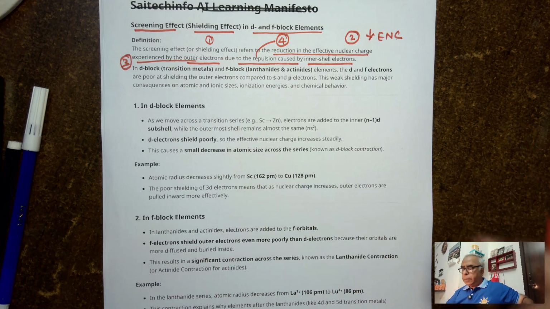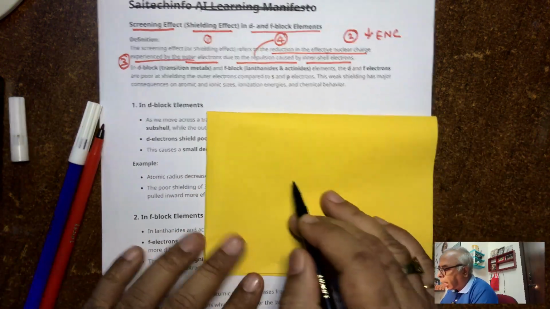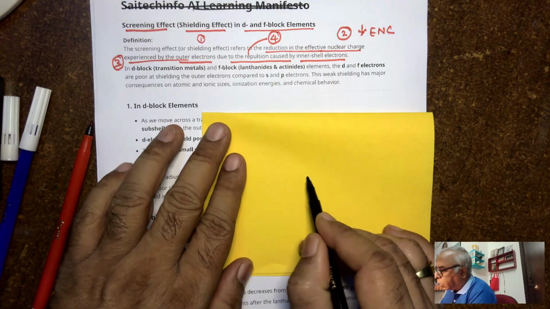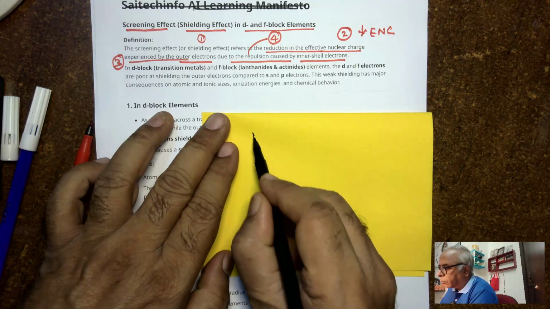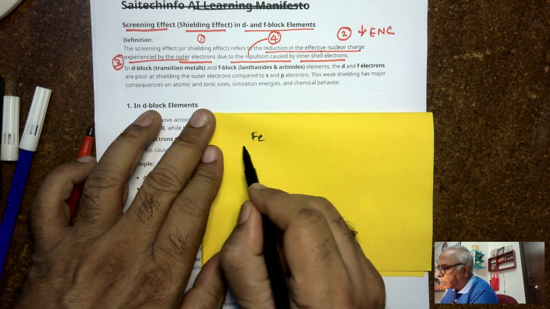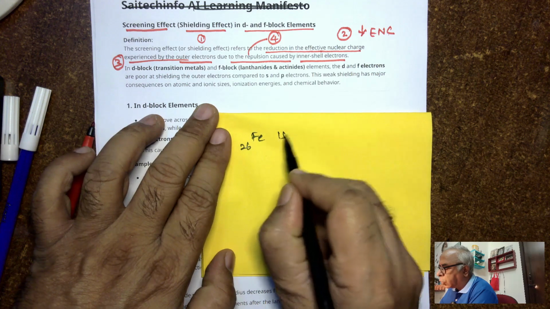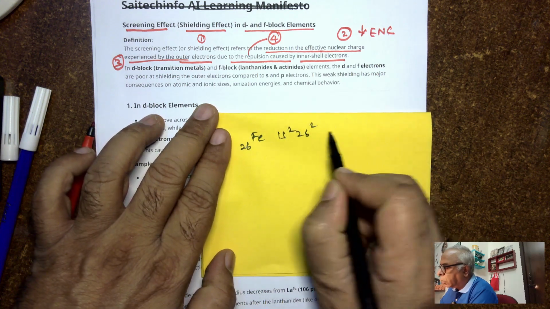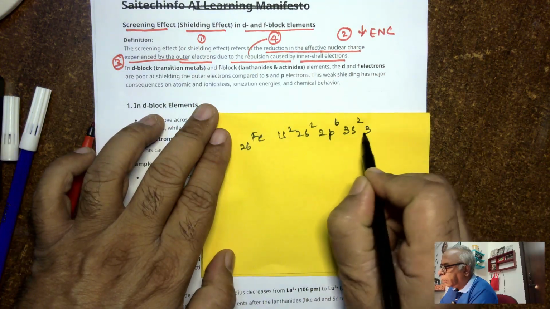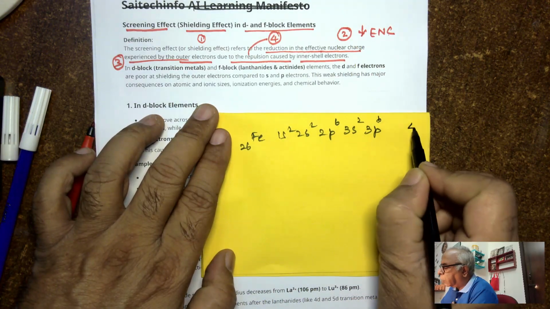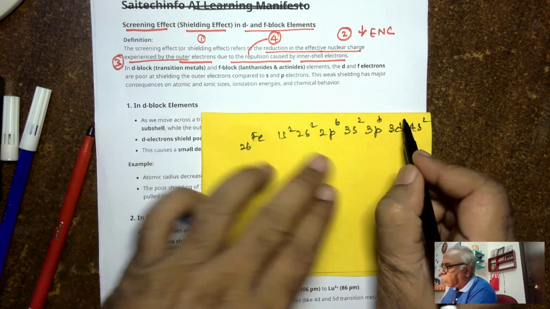Now let us try to understand this. Let me consider any atom, for example iron. Its atomic number is 26. It has 1s2, 2s2, 2p6, 3s2, 3p6, and you have to write 4s2 followed by 3d6.